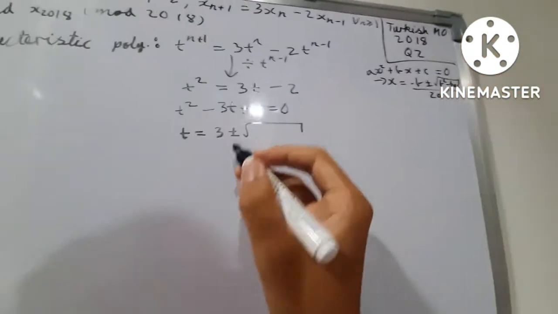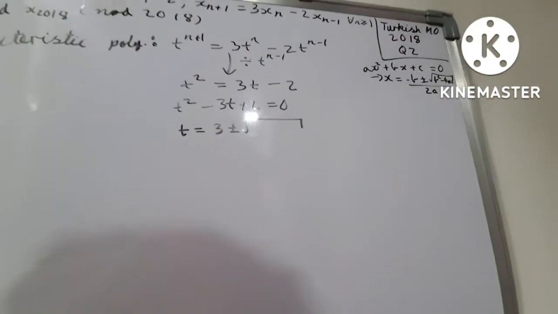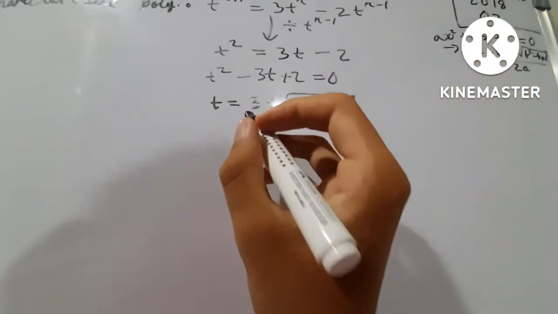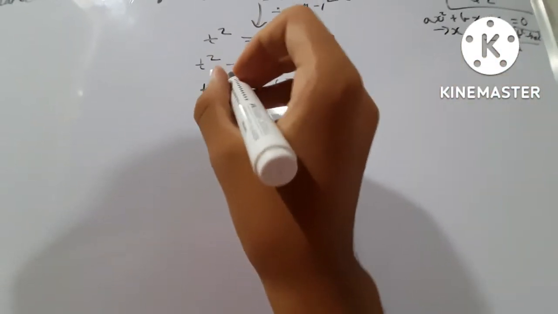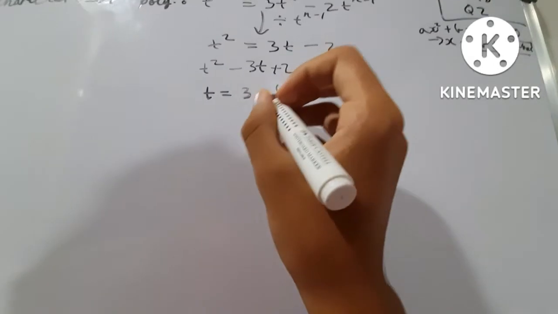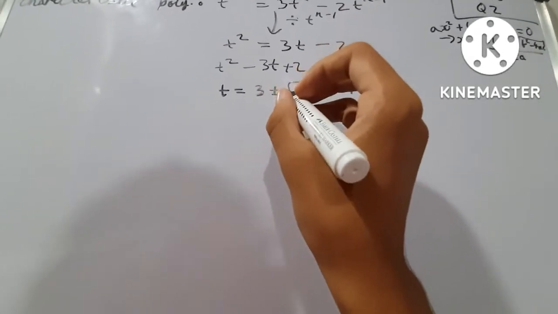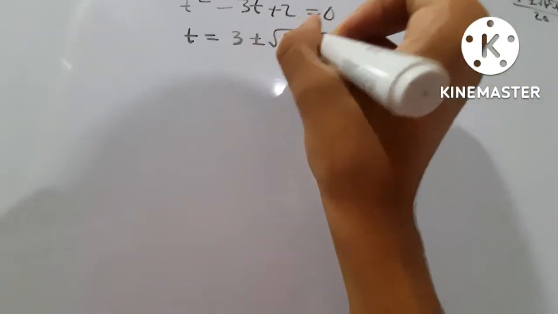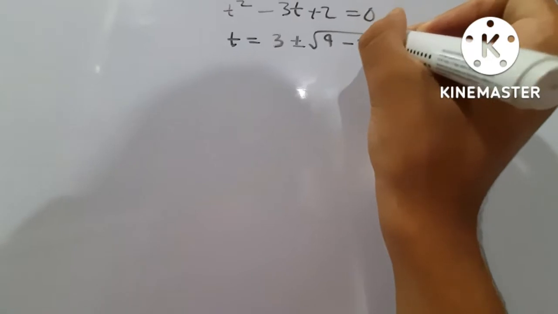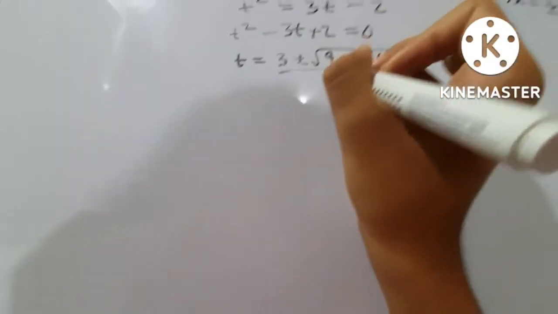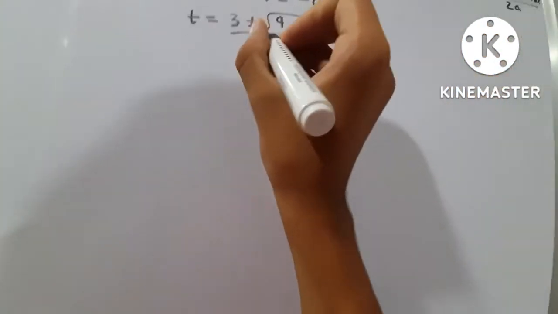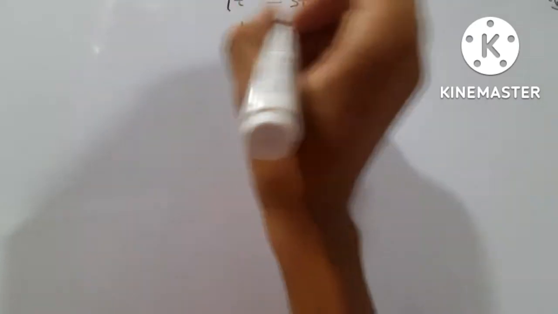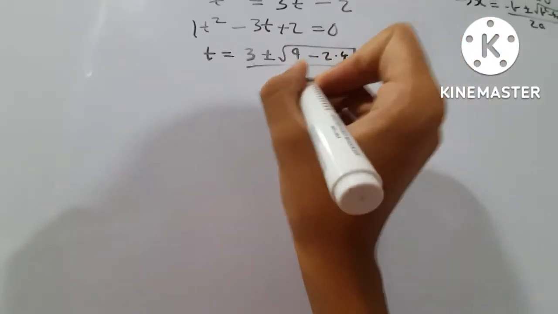We're just using that for this equation. So negative b, the negative of negative 3, is just 3, plus or minus the square root of 3 squared, that's 9, minus 4 times 2, over 2 times a, and a is 1.